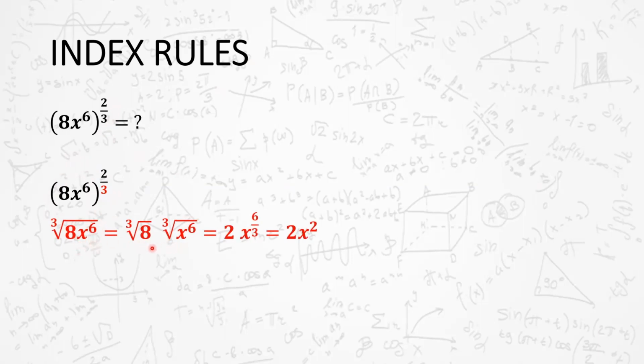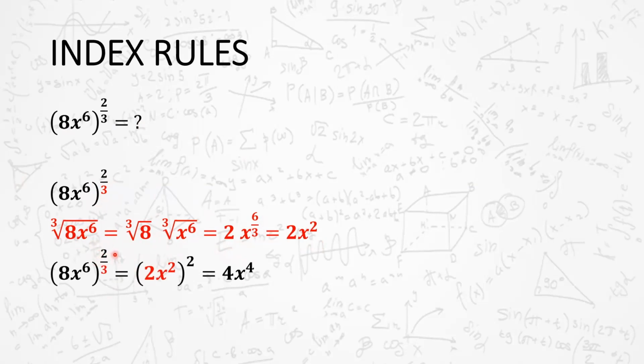Again, you need to treat them separately. Cube root of 8 will give us 2. Then cube root of x to the power 6 will give us x to the power 6 over 3, which is x to the power 2. That means to perform the root operation, I've got 2x to the power 2. Then we can look at the power 2 on the top.